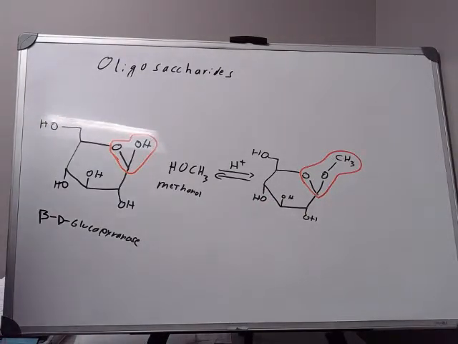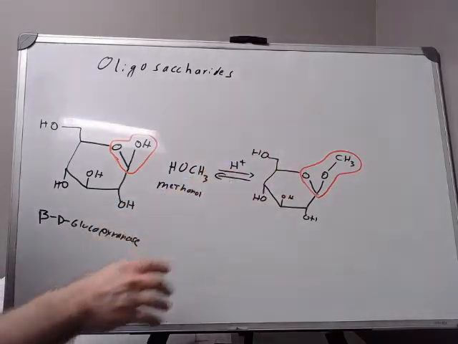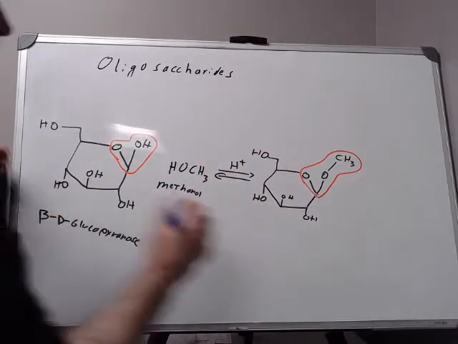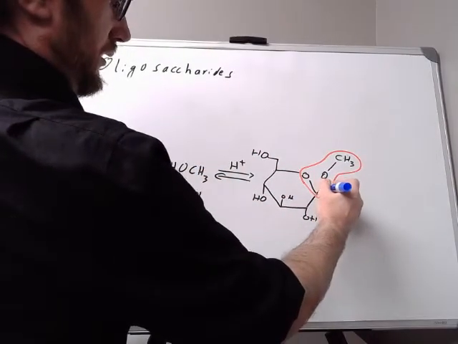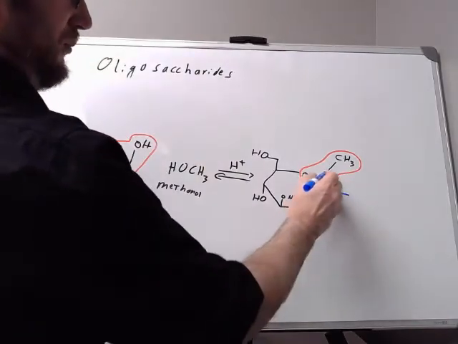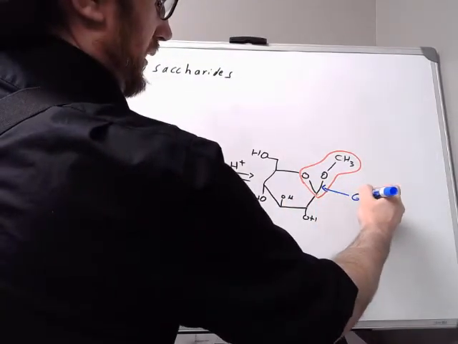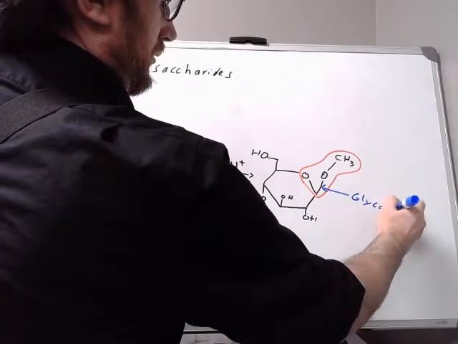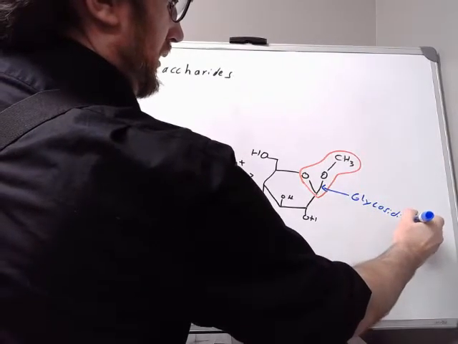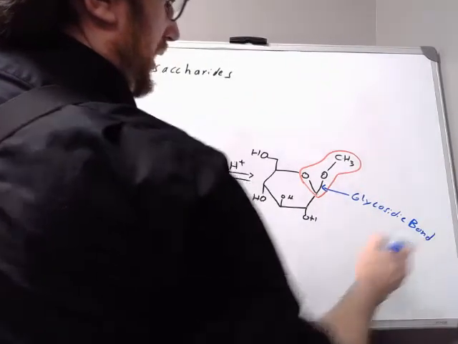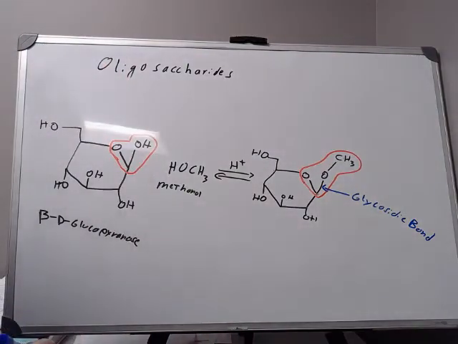And we call this specific bond here, located between this carbon and this oxygen, a glycosidic bond. And so we'll discuss specific types of glycosidic bond later in the video.